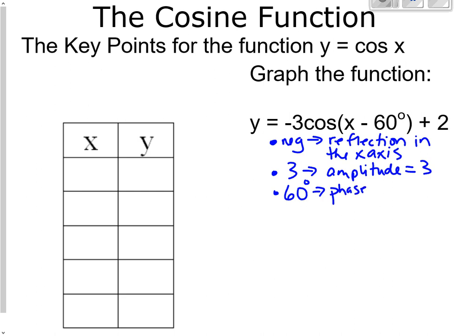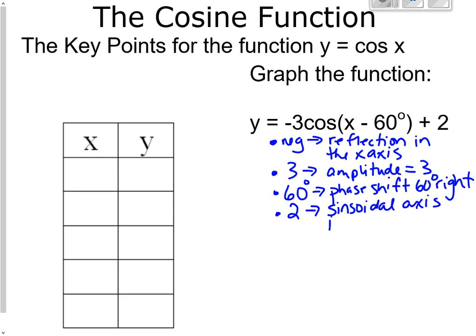This is a phase shift, 60 degrees to the right. And then that +2 means that it's been moved up 2, so now our sinusoidal axis is at 2.